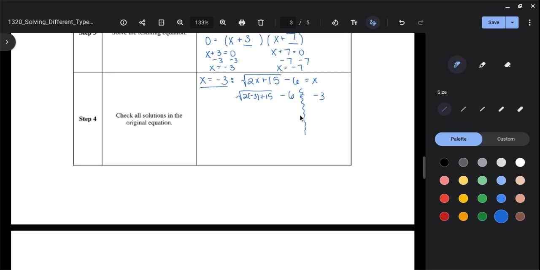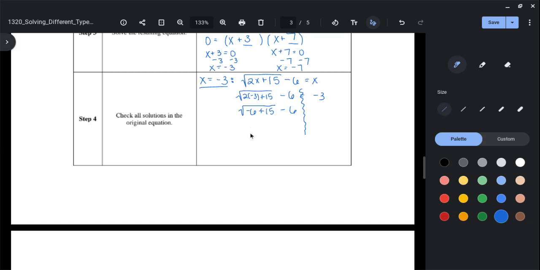So when we're checking, we have to work with one side at a time and then compare our answers. Remember, we're going to need to use our order of operations. I'm going to treat the square root as if it were parentheses, so I need to do everything under the square root first. So we're going to multiply: 2 times negative 3 is negative 6, plus 15, minus 6. And then I still have addition under my square root, so we'll perform that.